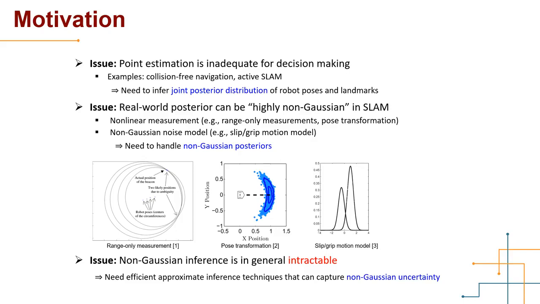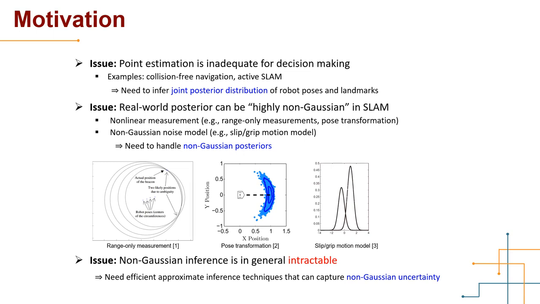The non-Gaussian posterior can arise in nonlinear measurement and non-Gaussian noise models. For instance, the figure on the left-hand side shows a beacon localization problem via range measurements. The intersection of circles incurred by range measurements indicates multiple probable locations of the beacon.